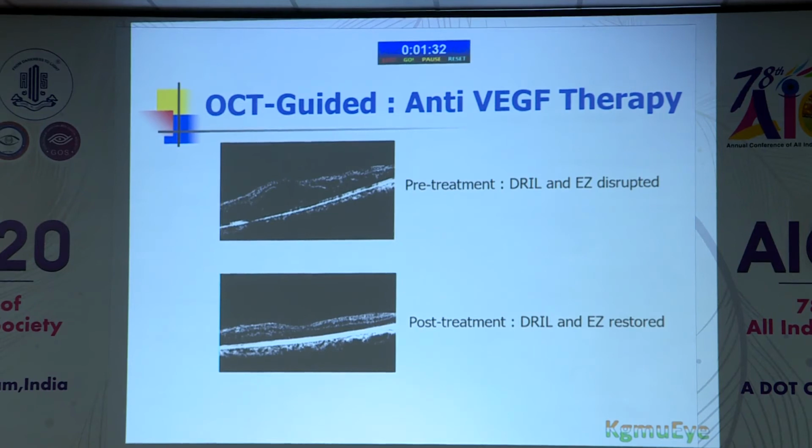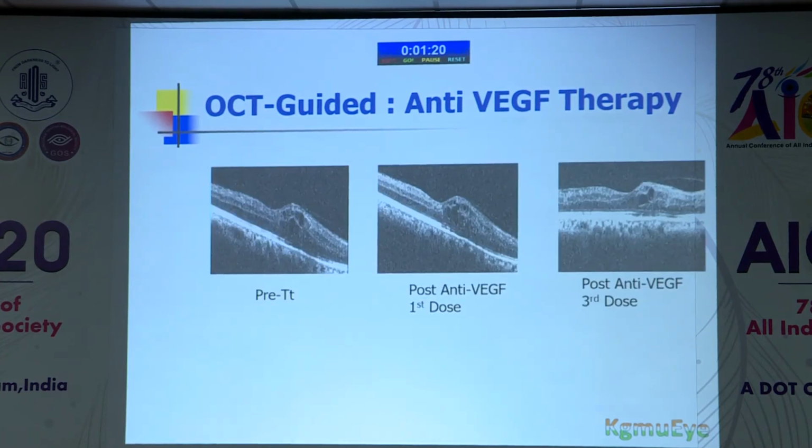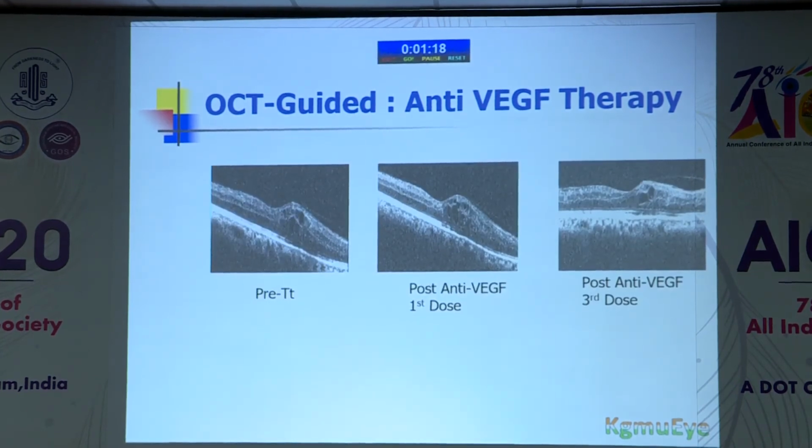We all have been using anti-VEGF, but now once the anti-VEGF is given, as seen here, things tend to improve. But lately we have been able to show that as the subsequent dosings are being given, you can easily see here that the external limiting membrane has started to restore back, but the ellipsoid zone is still in the process of restoration.